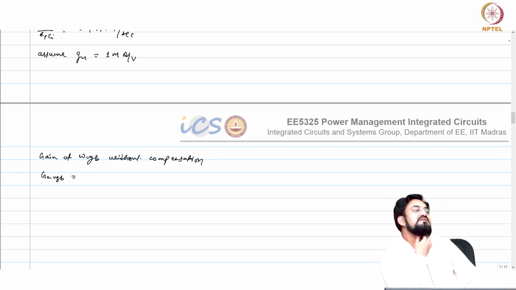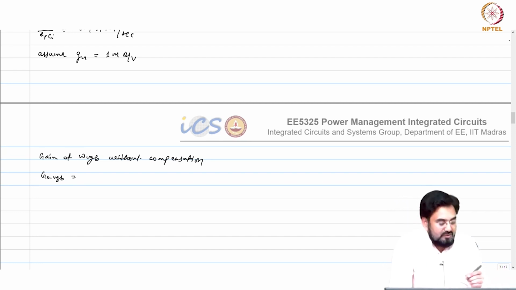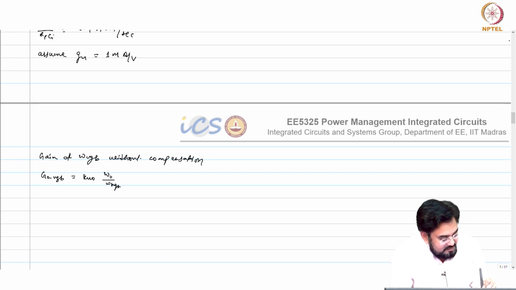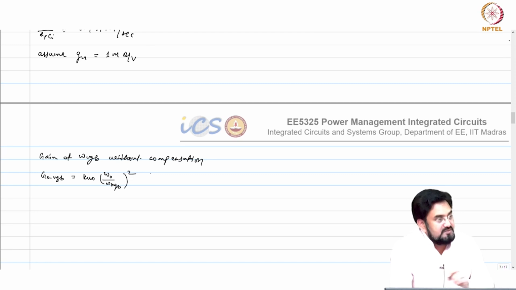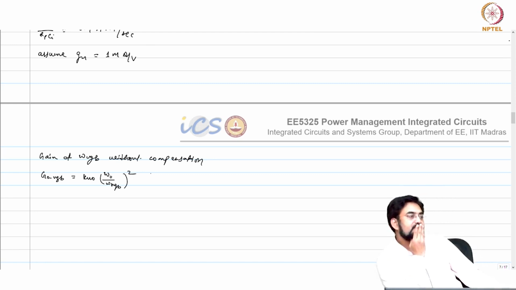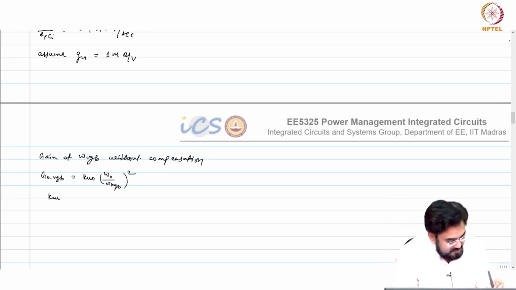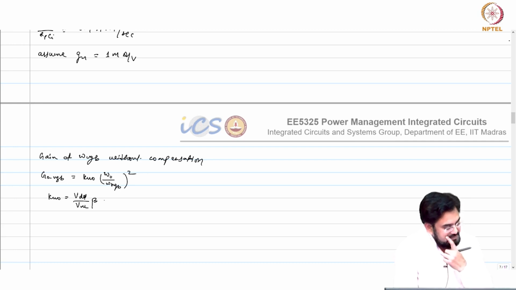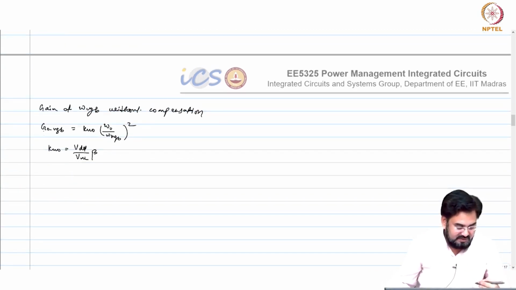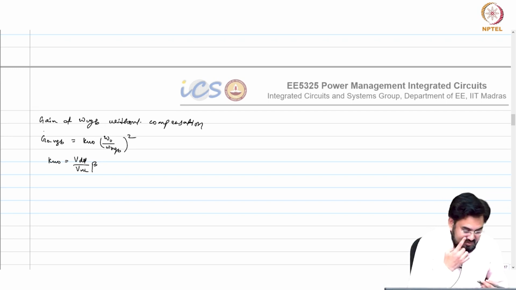How will you find that? Ku naught is nothing but beta VDD over Vm, omega naught over omega UGB whole square. So Ku naught is VDD over Vm into beta. Okay, you can substitute that once you have that value, but we want to generalize this.